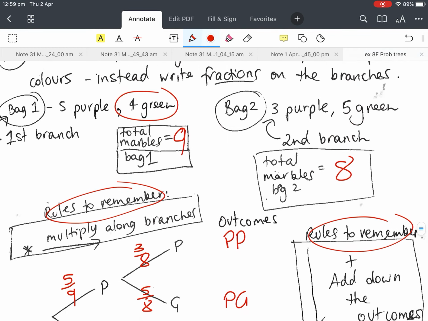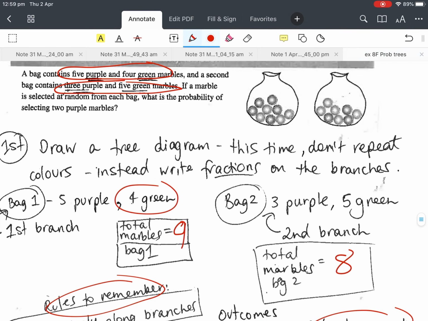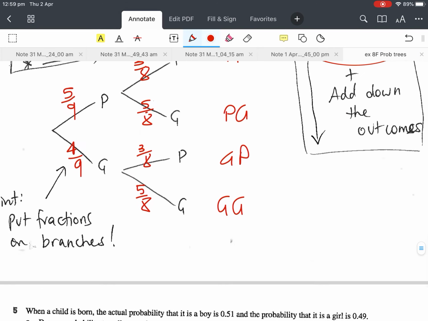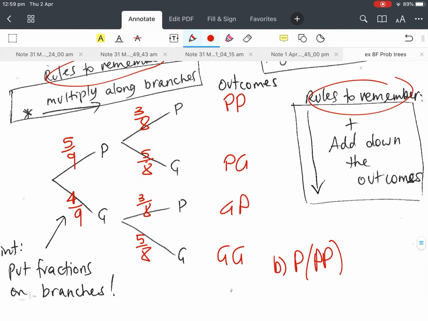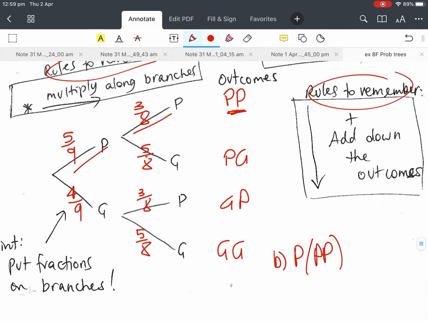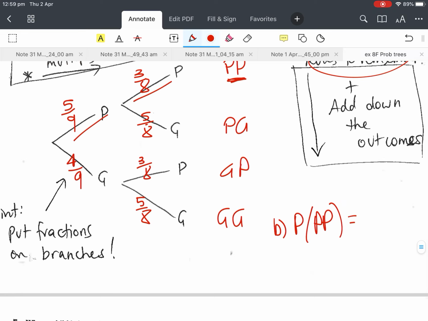So back to my question. The question was, what is the probability of selecting 2 purple marbles? So down here I've got a little bit of room. I'm going to write B, probability of PP, 2 purple. Now if I look here, it was here, wasn't it? So I need to follow these branches. So I've got to go 5 over 9.